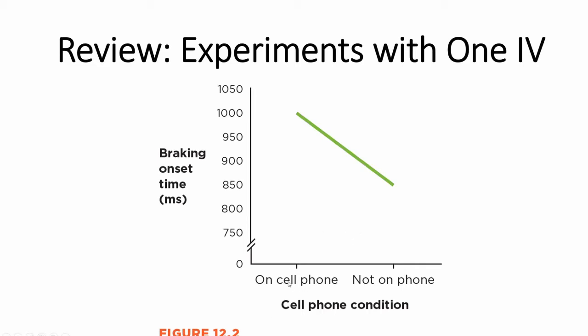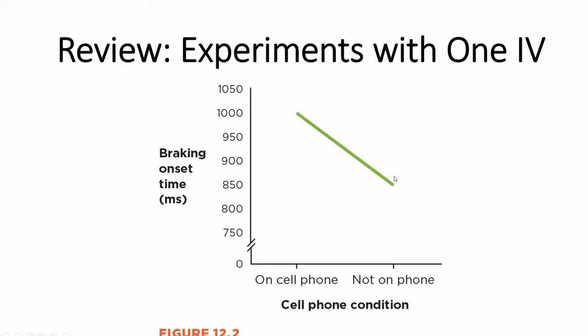And so here, for our cell phone group, we see that they have a much longer braking onset time. So they had a much more delayed reaction to things popping up in the simulator. And the not on the phone group, or the people in that specific condition at that time, had much shorter reaction times. They were a lot faster to start braking.